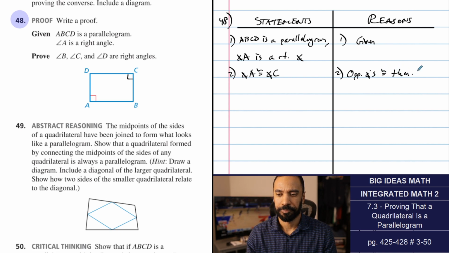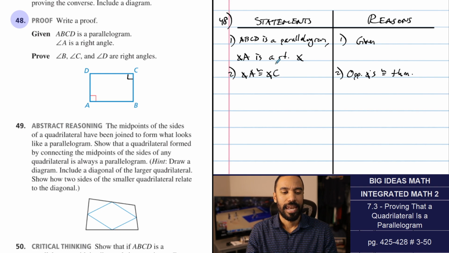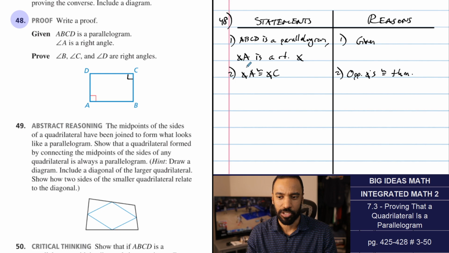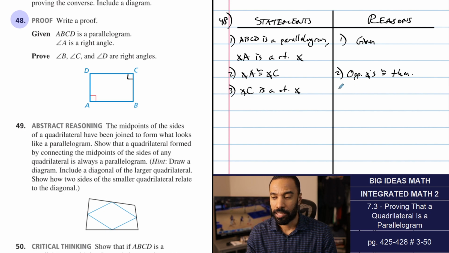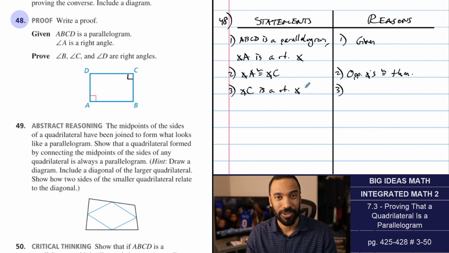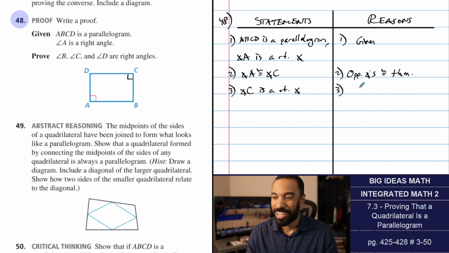I believe that's the name. So A is congruent to C. Now, A and D would be supplementary and all that kind of stuff. I'll prove that they're all right angles. So angle C is a right angle, because angles congruent to right angles are also right angles. I'll just call it right angles theorem.